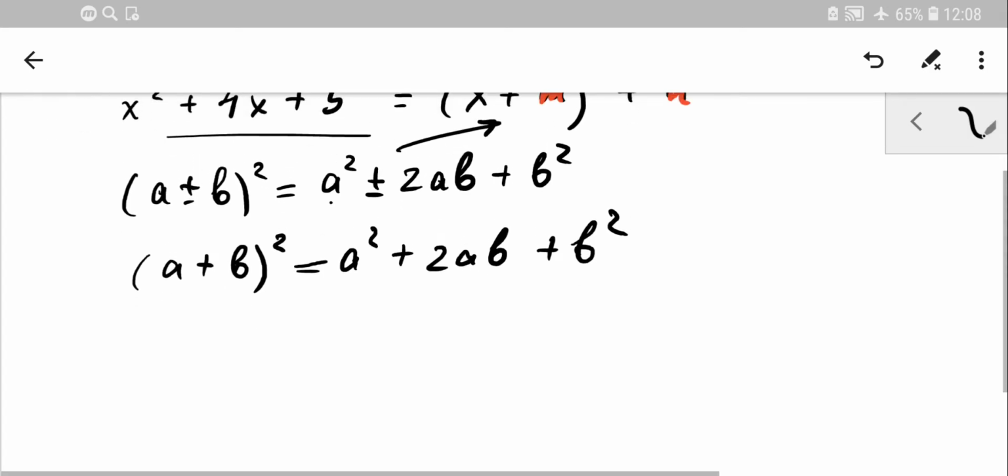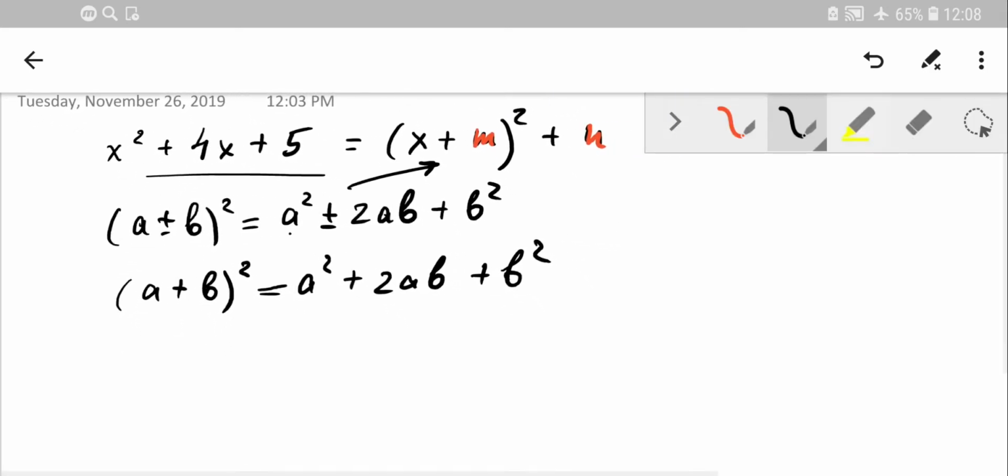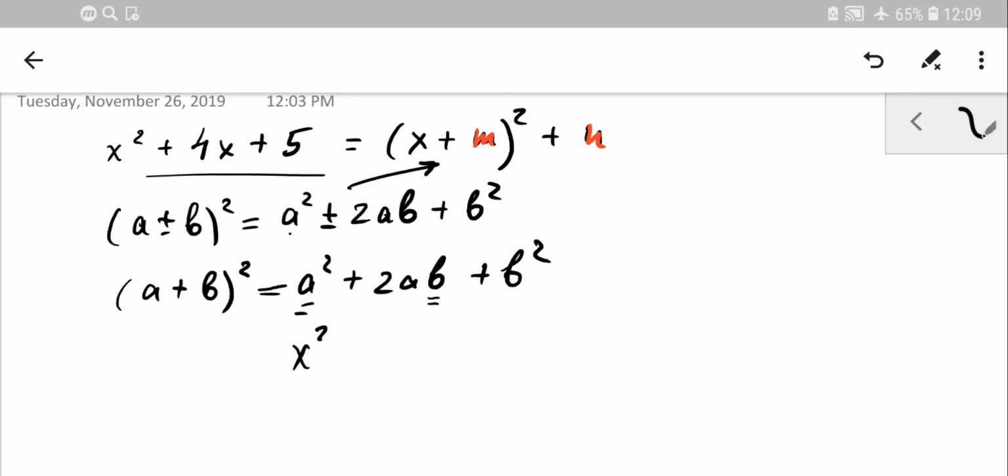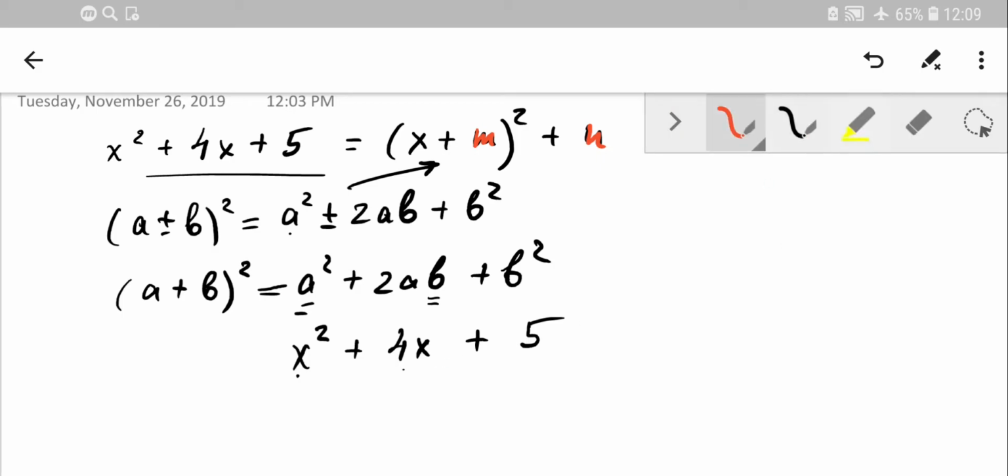So according to the formula, we need to have that one. Do you remember how we did it before? We figure out what a stands for and what b stands for. Comparing with our quadratic expression, we have x squared and 4x, and we start comparing coefficients a and b.